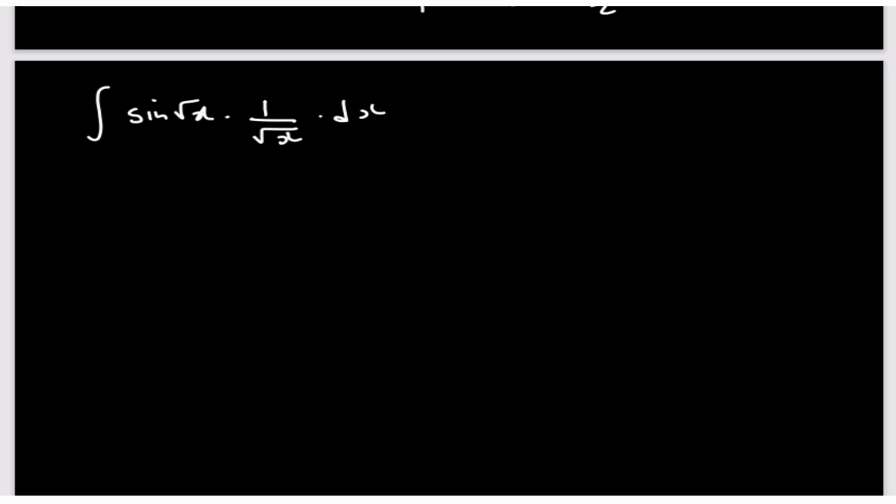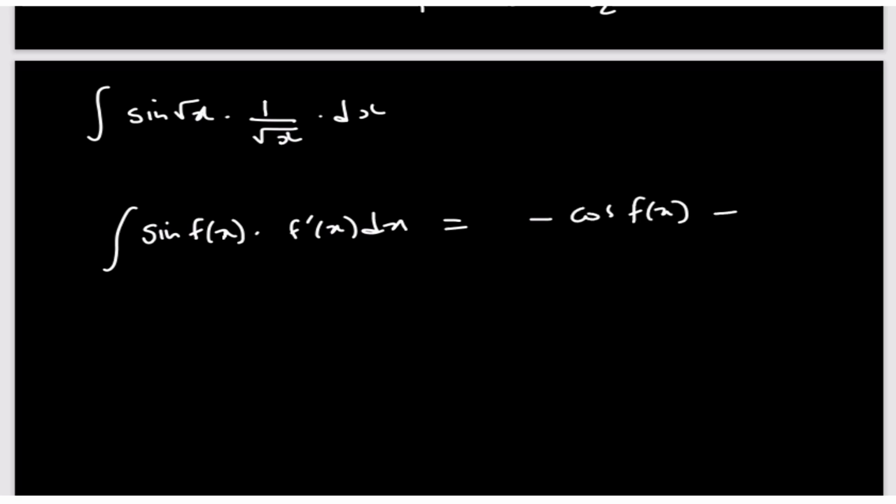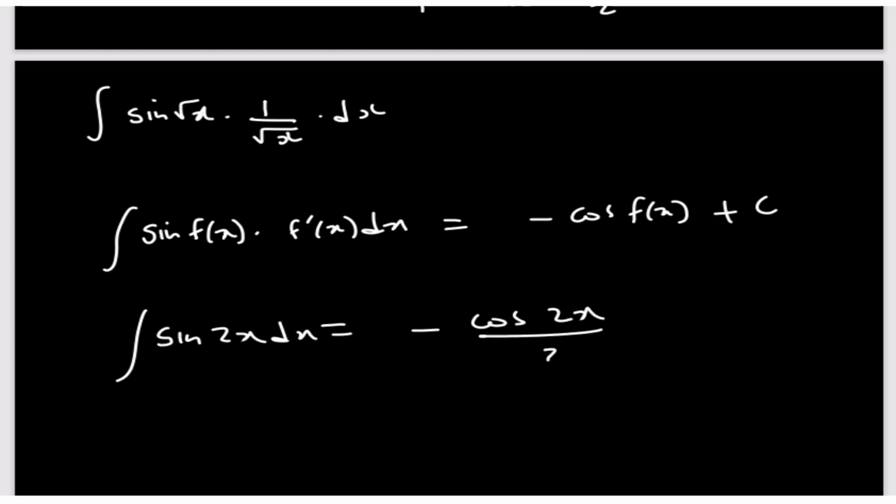Remember in your formula sheet you have the integral of sine f of x times f prime of x dx equals minus cos f of x plus c. So that's why sine 2x dx is negative cos 2x over 2 plus c. Okay, not negative, sorry, the integral of sine is positive. Oh yeah, it's negative. But it's always important to check the formula sheet if you're not sure.